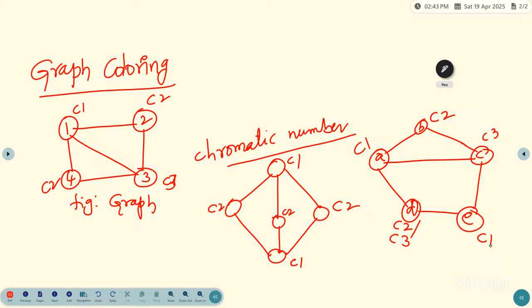Under graph coloring, write one point. రాసుకోవాలి, ఒక లైన్ రాయండి.